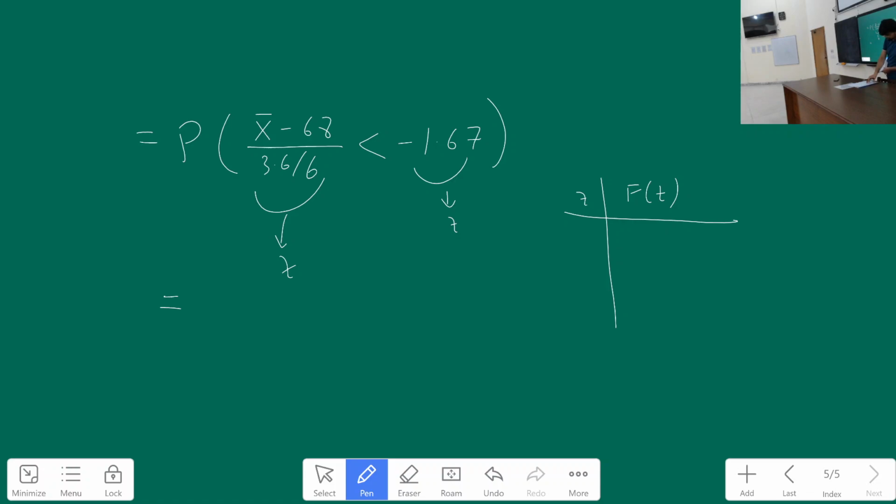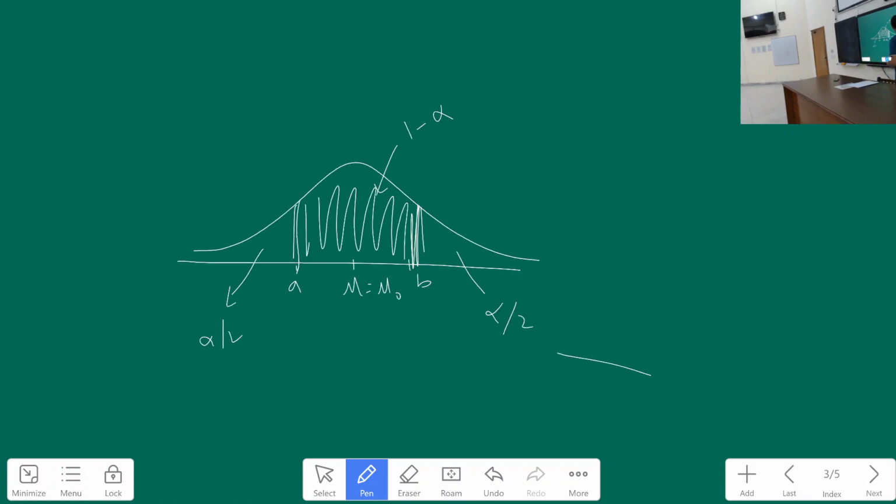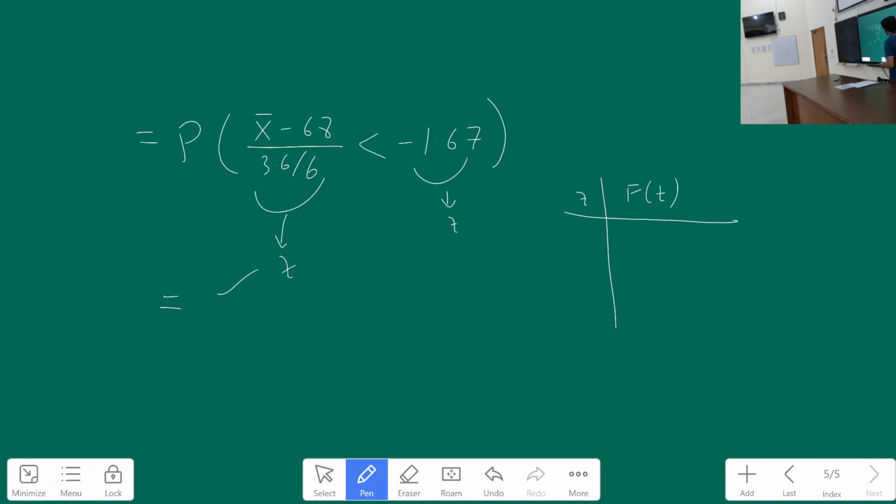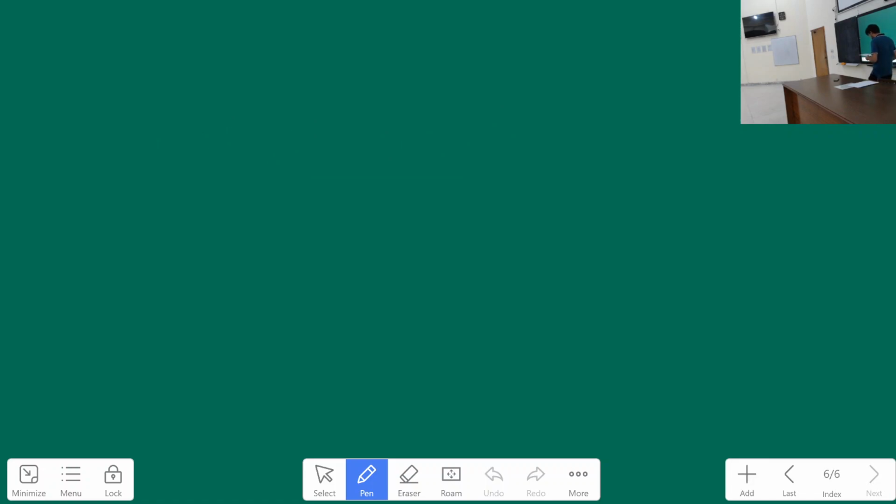I didn't write it here, but whatever value you get, you put that here, and then you do the second term, which is actually the same value as this one. The whole thing turns out to be 0.0950, or 9.5%. This is alpha. If you do all those calculations, you end up with this value.